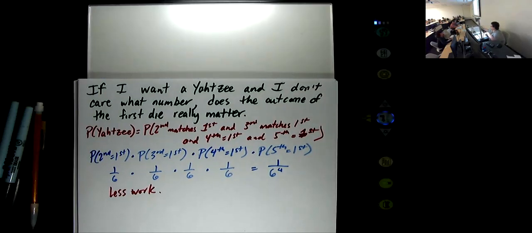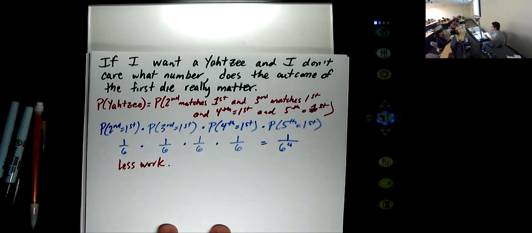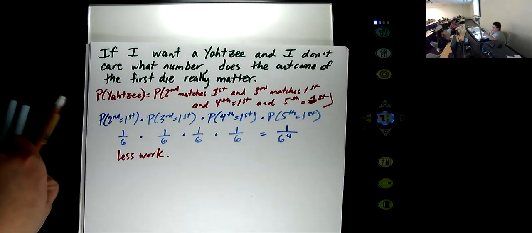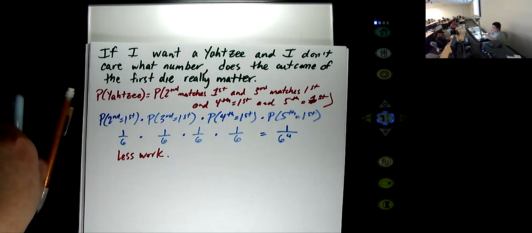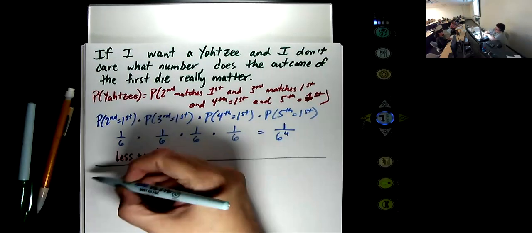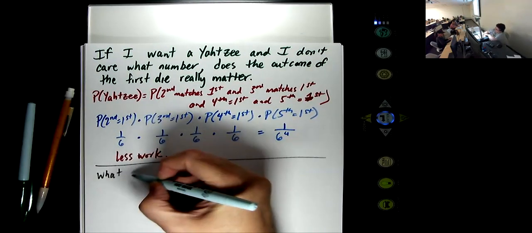This same idea works with dependent events, which I'm going to use this next example as a segue to dependent events. But if you have played Texas Hold'em, what is the probability of pocket aces?